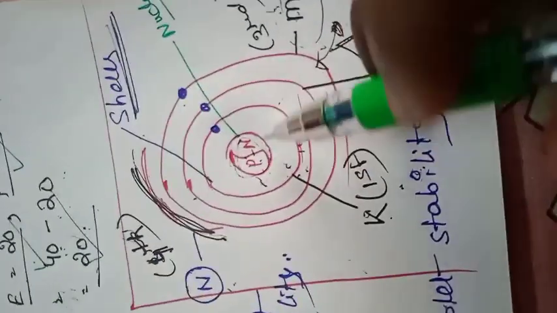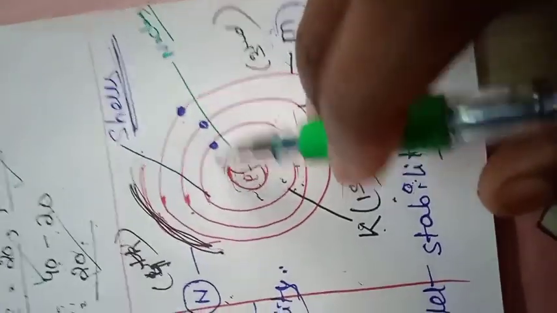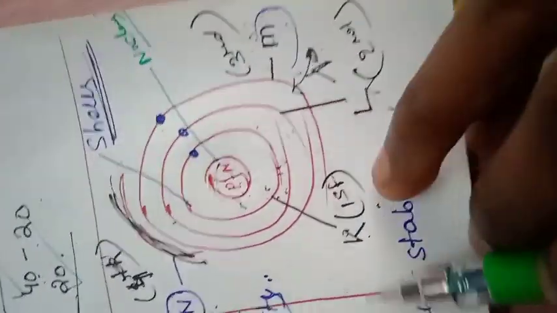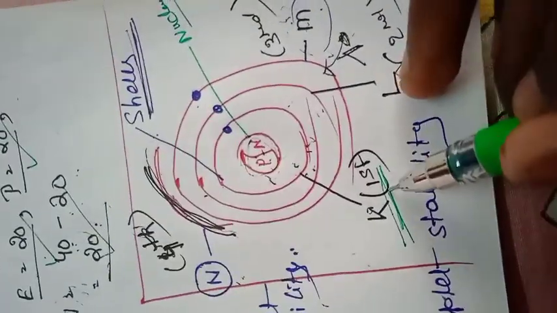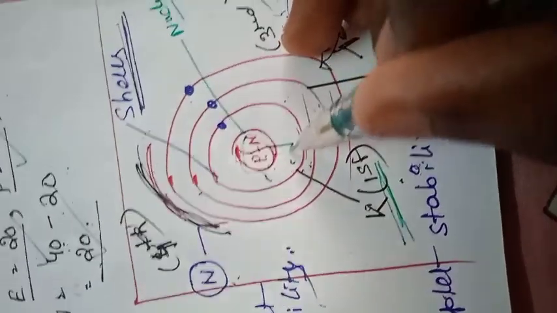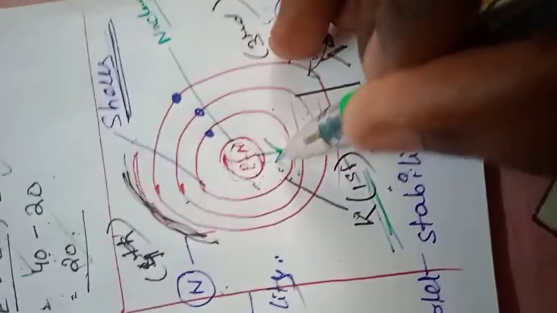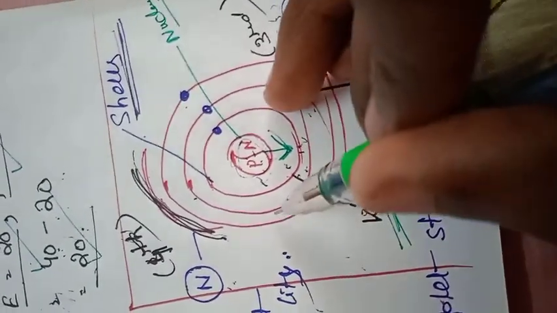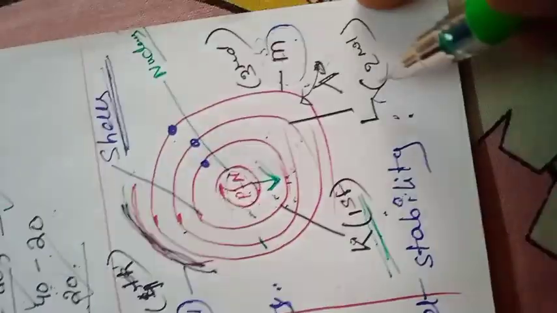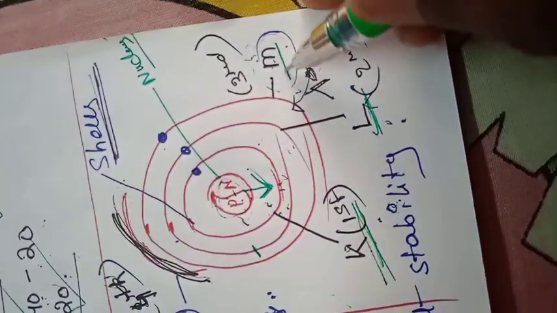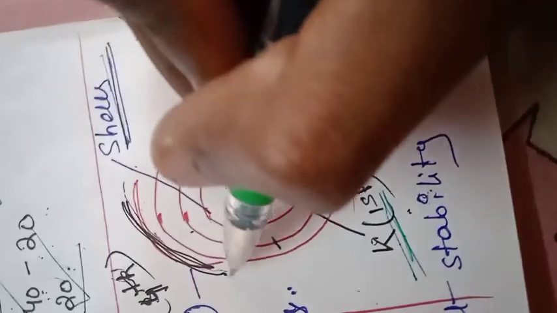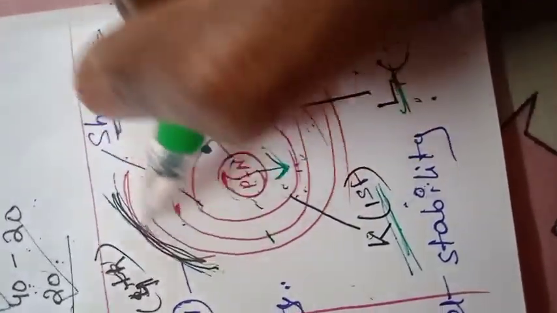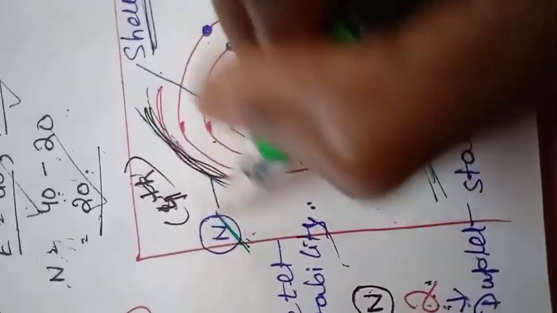Around it, from the nucleus, the first shell is represented as K. The second shell is represented as L. The third shell is represented as M, and the fourth shell, this one, is represented by N.